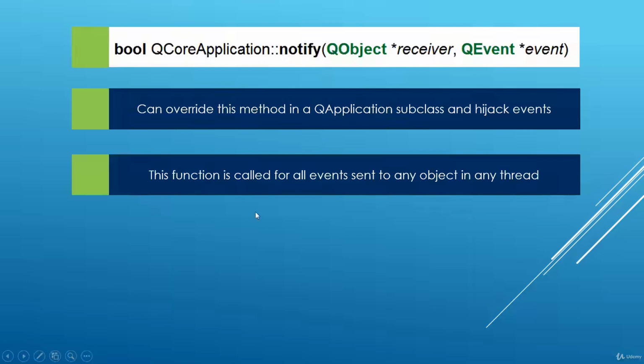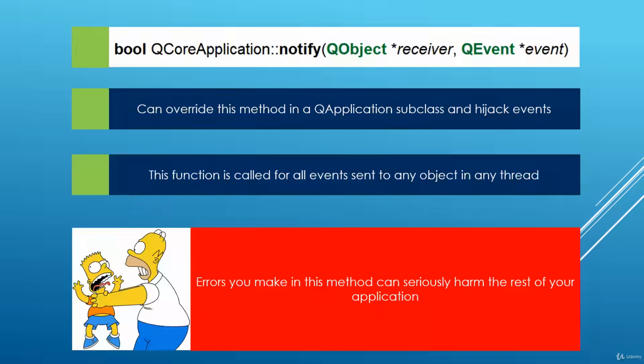Another thing you should know is that this function is called for any event that is sent to your application. So this is a very dangerous place, and you can seriously choke your application if you're not careful about what you do in that method. I personally don't recommend to try and handle events there, but it is one way that is available to handle events, and I want you to be aware of it.